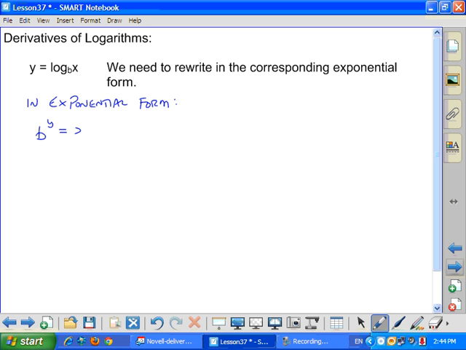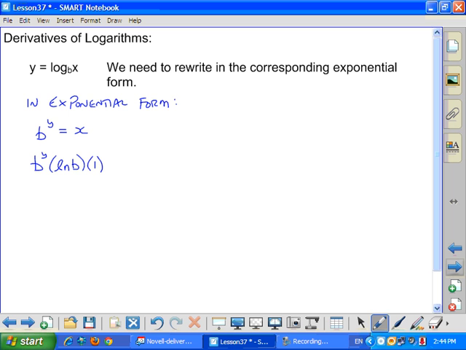And then from there, we are going to do implicit differentiation because we know how to take the derivative of b to the y. The derivative of b to the y is the original function multiplied by, I'm going to use brackets here, ln of the base multiplied by the derivative of the exponent.